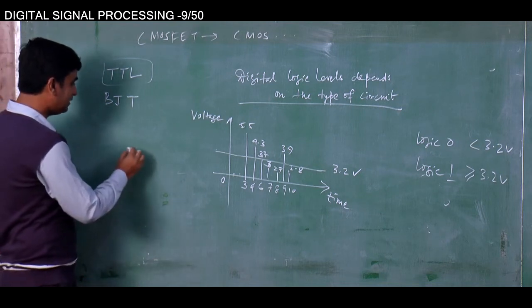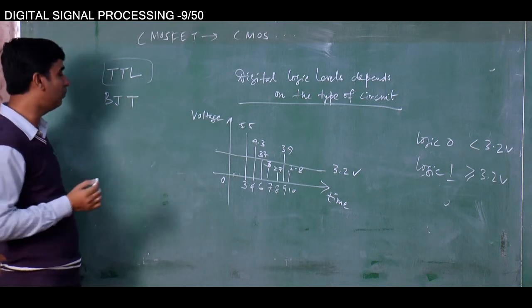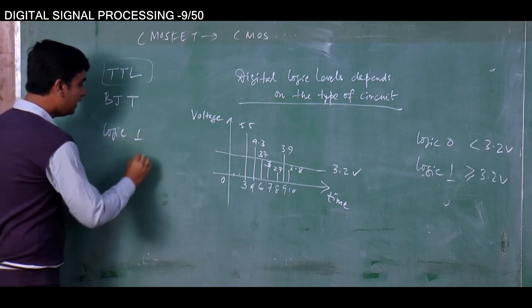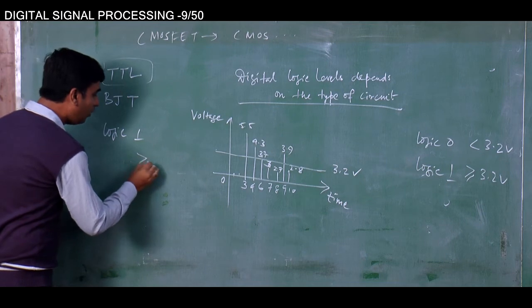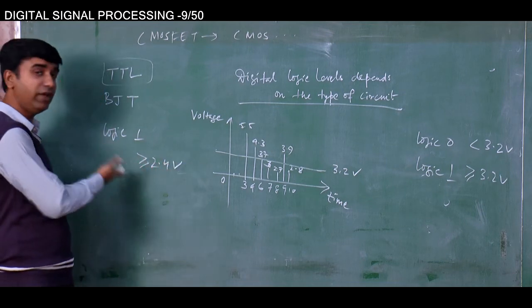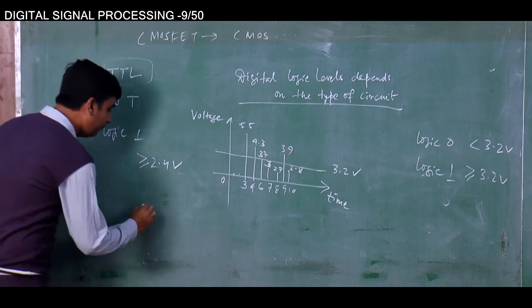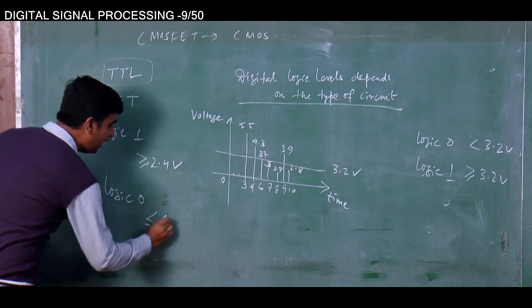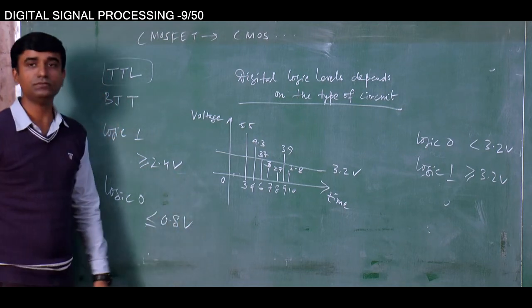Here the most interesting point is that logic 1 is anything greater than or equal to 2.4 volts. This is again a very practical example, and logic 0 is less than 0.8 volts.